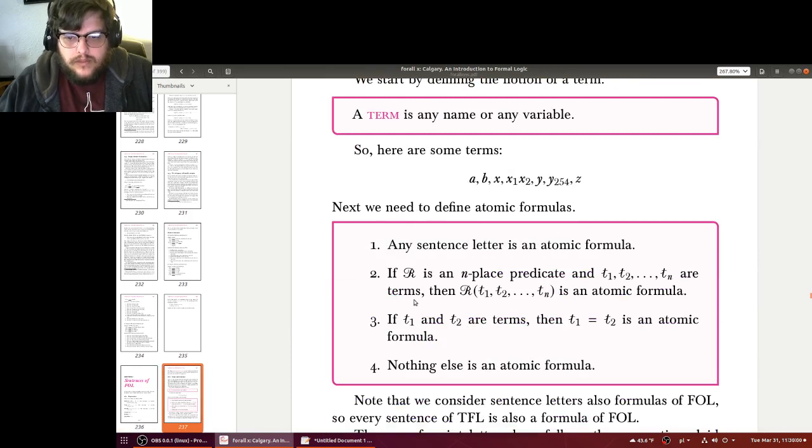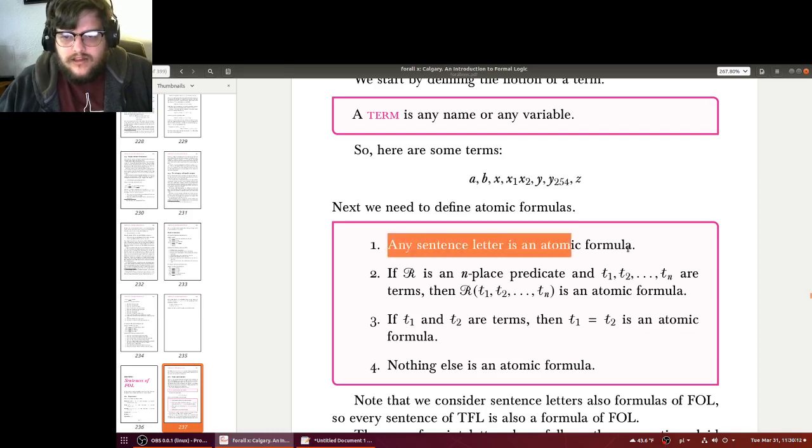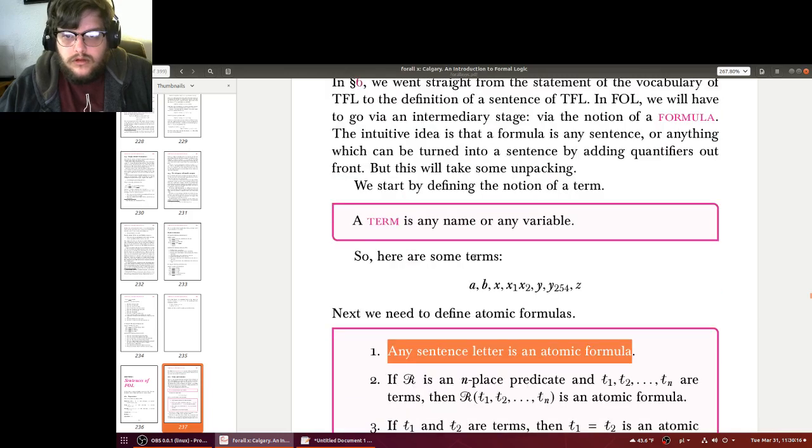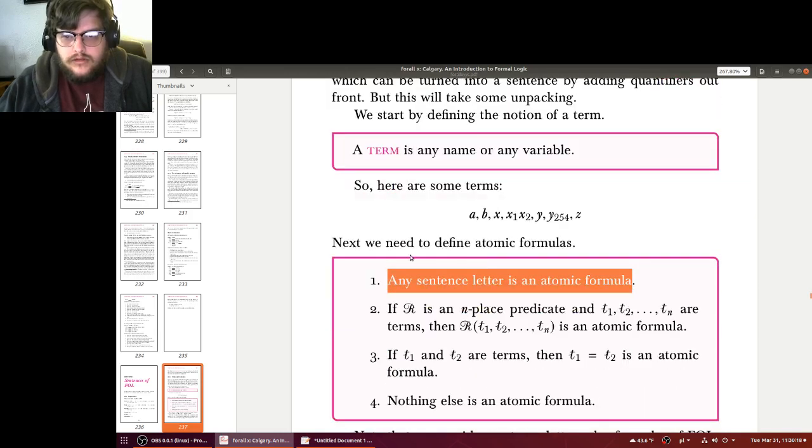So they start the exact same way we did with propositional logic. With atomic formulas, they say any sentence letter is an atomic formula. I think they mean any term is an atomic formula. That's a typo, because sentence letter was the word we had earlier when we were doing propositional logic.